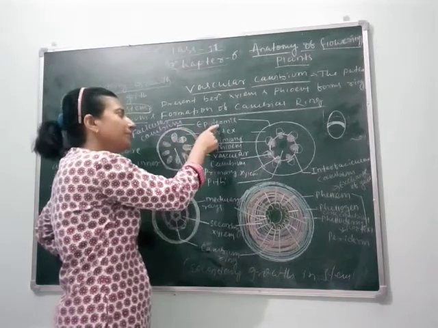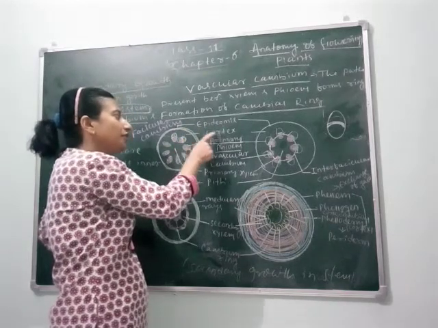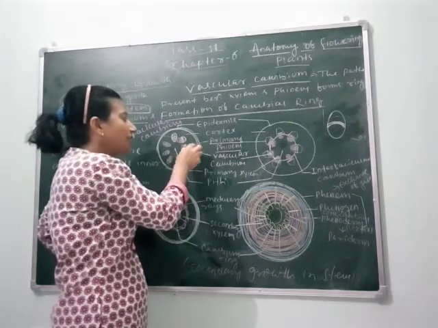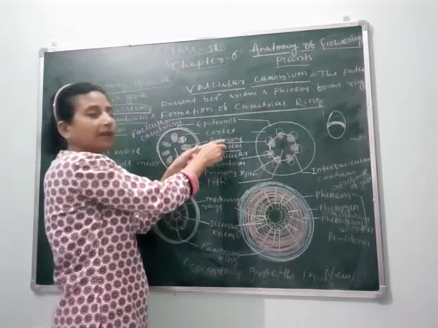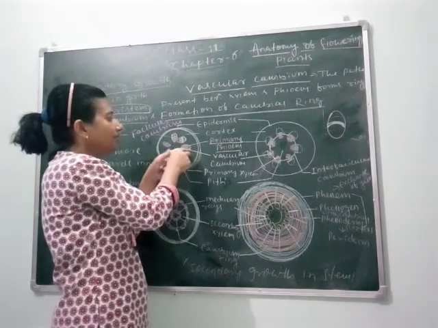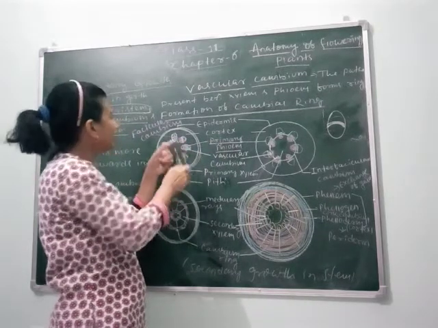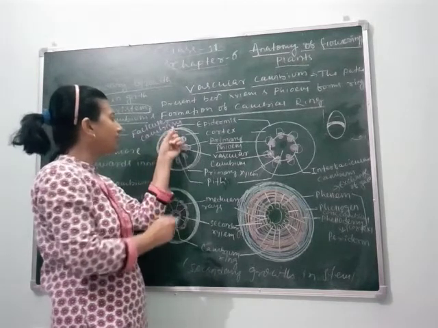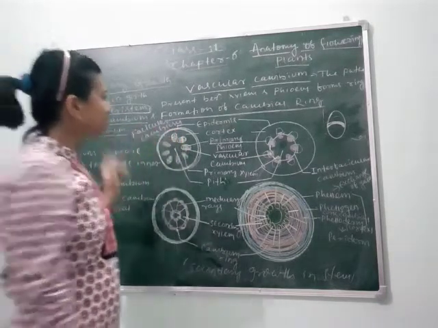The outer part is epidermis, then just below the epidermis is the cortex. In a vascular bundle, the part towards the periphery is primary phloem, and here is the vascular cambium, and what separates the phloem from xylem is fascicular cambium.